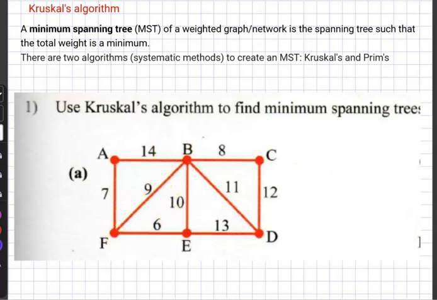So how could I connect up A, B, C, D, E, and F in such a way that there are no cycles, but they're connected in the cheapest way possible? You can see there are weights or values for each of the edges, so ideally I want to pick the edges with a smaller weight.